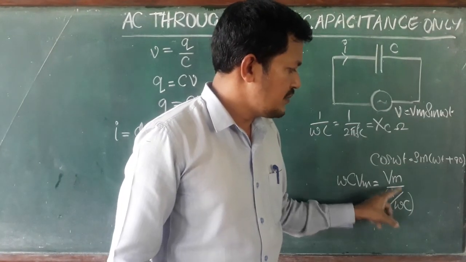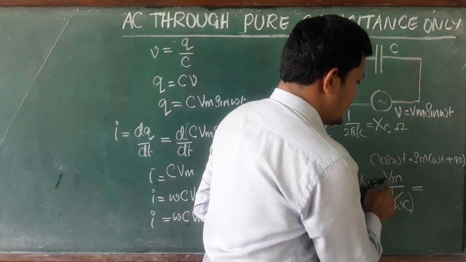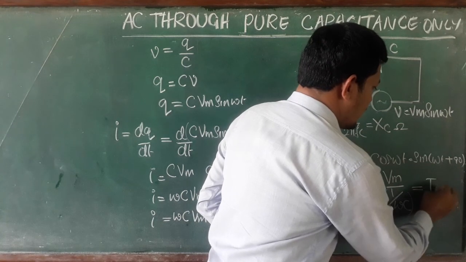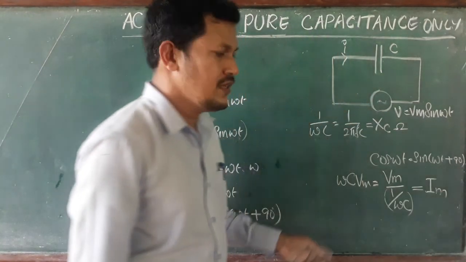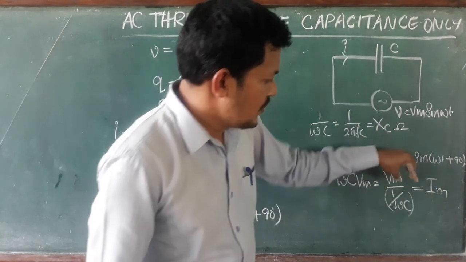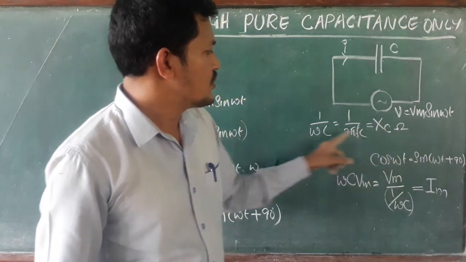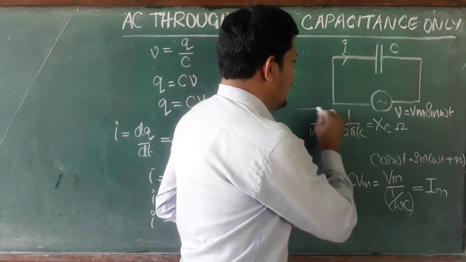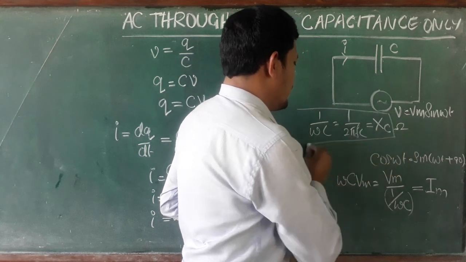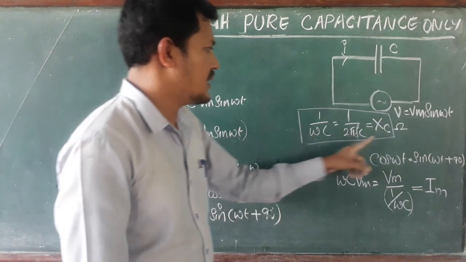So voltage divided by opposition gives current. Maximum voltage means maximum current. This value is known as the capacitive reactance, Xc.